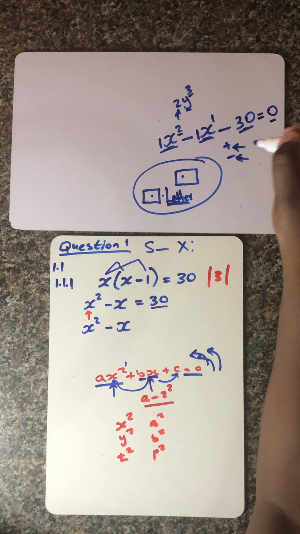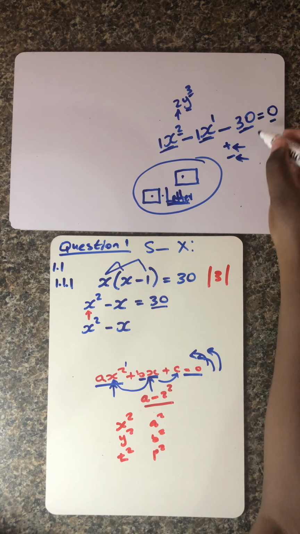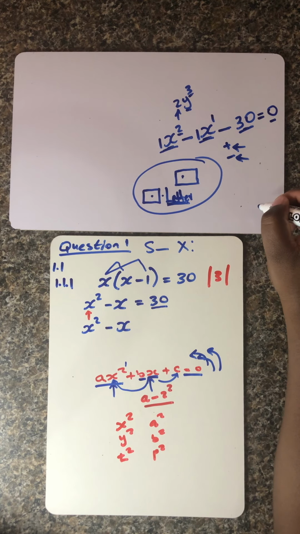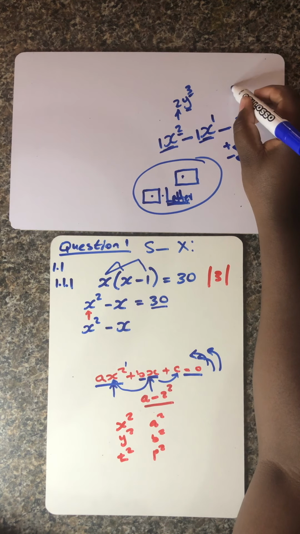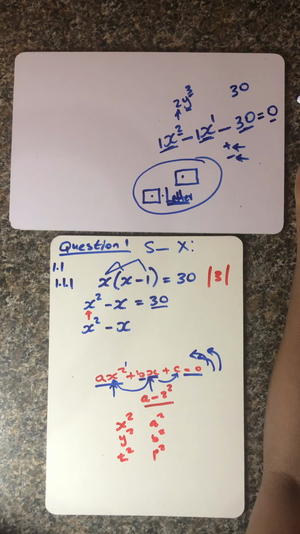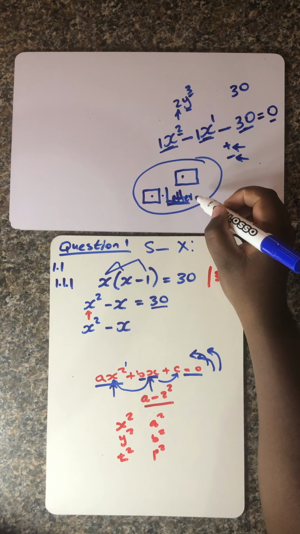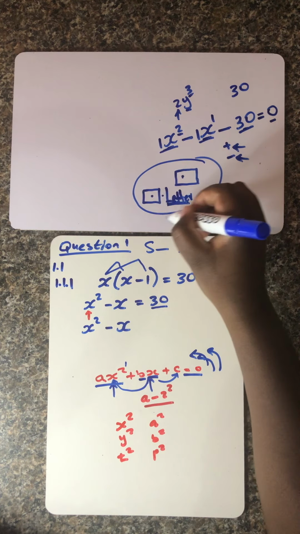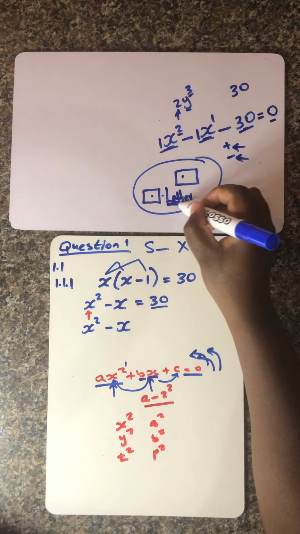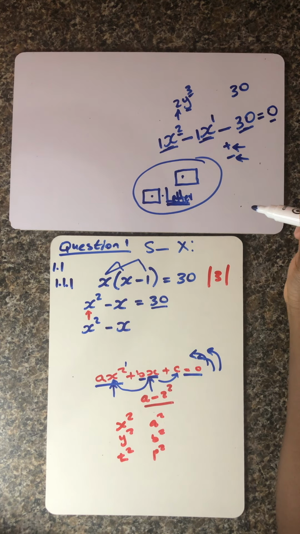Okay, so someone might be wondering, what if we now have a 30 over there? Ladies and gentlemen, this is 30, right? So it's different because in this case we are talking about a letter over there.